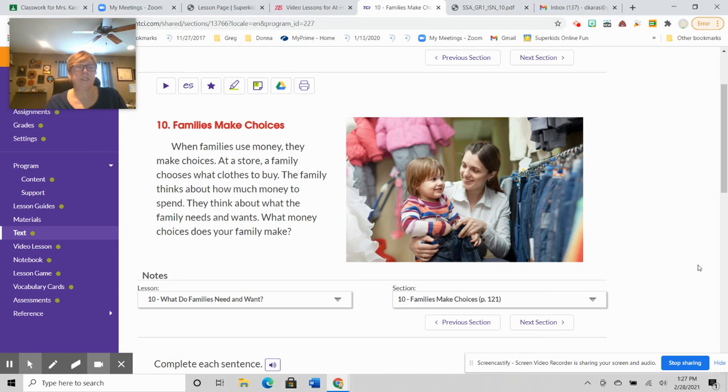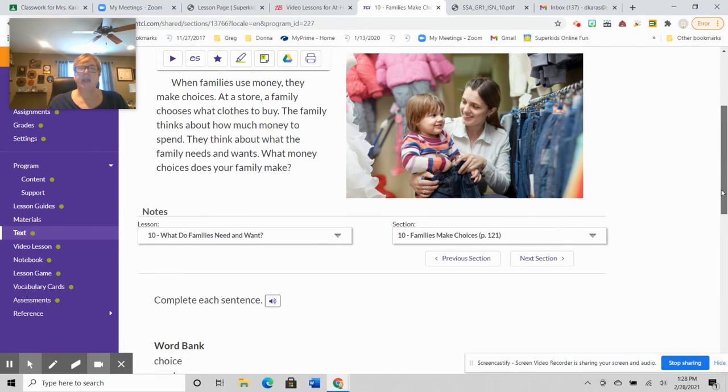What money choices does your family make? Well, as we said, it could be vacation. It could be an activity, a weekend away. It could be, well, gee, you know that favorite sweater I liked, but it was a little too expensive? Well, now it's on sale. Let's go see if we can decide if we want it. So there are so many different ways that people choose to use their money.